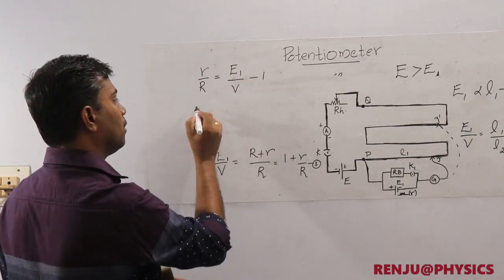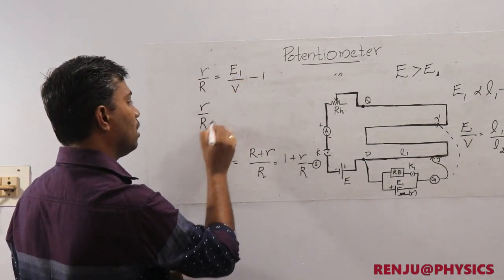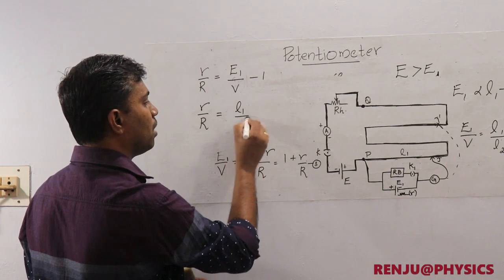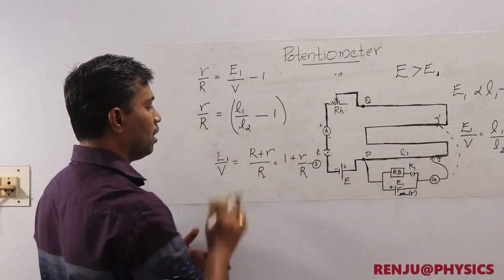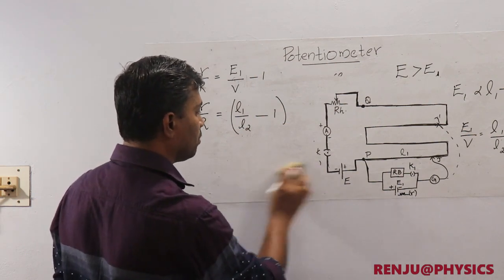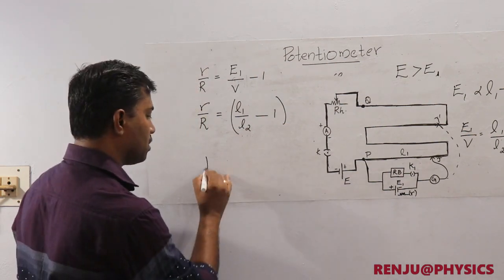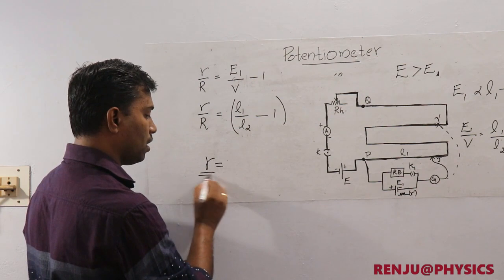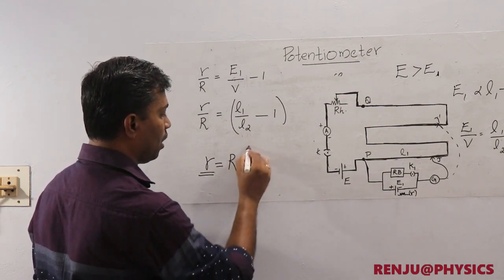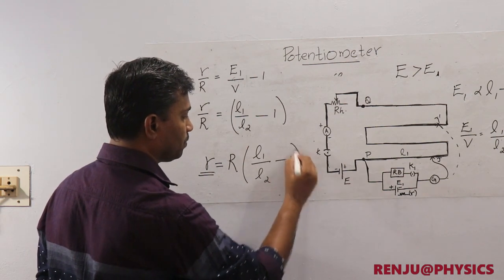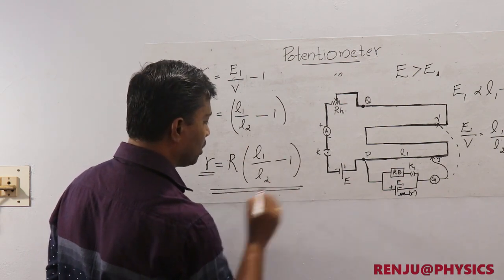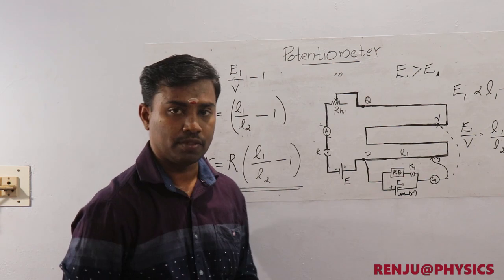So this becomes r by R is equal to L1 by L2 minus 1. From this we can measure the internal resistance r. Here r is the internal resistance, r is equal to capital R into L1 by L2 minus 1.